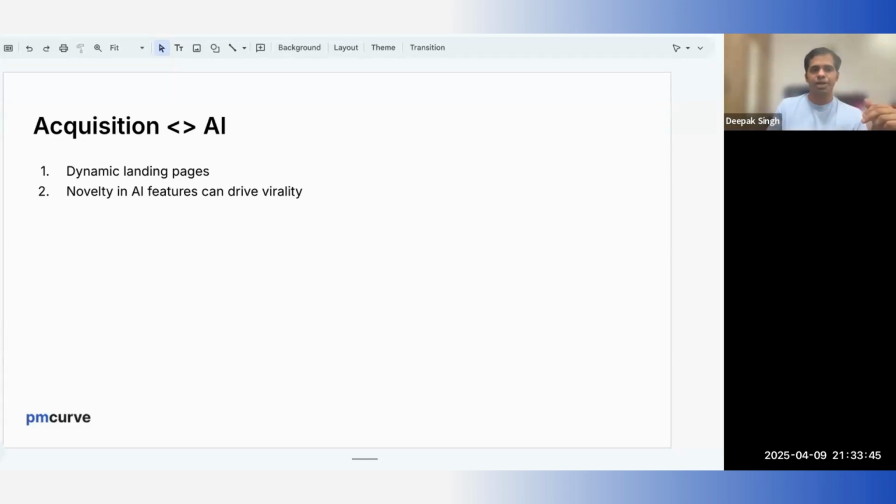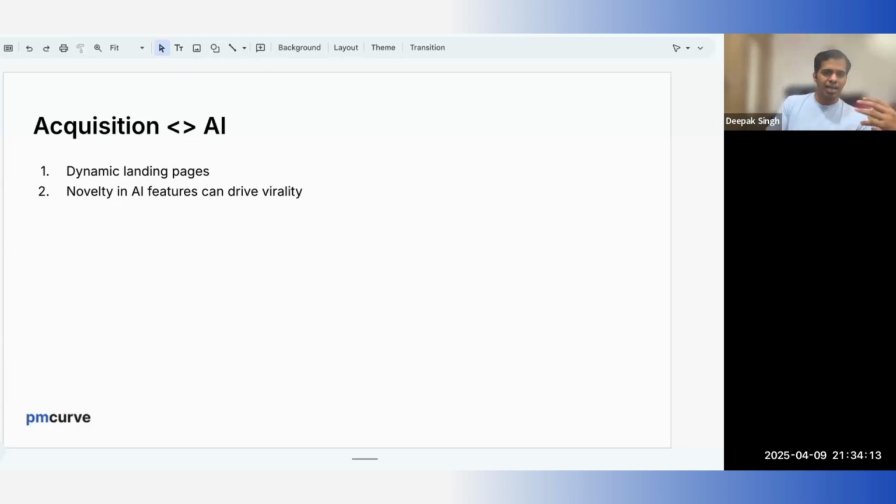And the second thing that you can do is if you build some AI features, you can use your socials to drive virality. When it comes to AI features, a lot of people are interested in seeing and trying out these features, which means if you're building some feature for the first time in your product, which is an AI first feature, you can use your socials to get people excited about it, get people to share it, and then that can bring a lot of traffic, right?